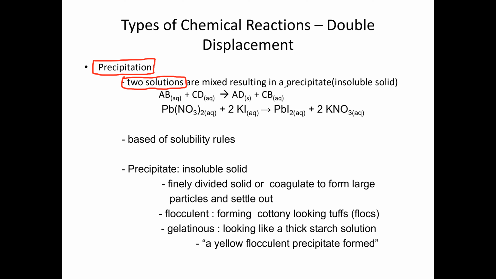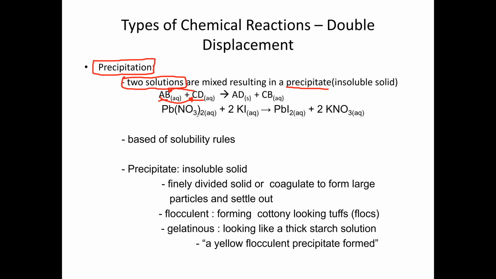When you mix them, you form at least one precipitate, which we call an insoluble solid. So again, on the left-hand side, you have two aqueous solutions. What happens is the cations in each of these reactants switch positions. They displace one another, and we get two new products, and at least one of the products is a precipitate.